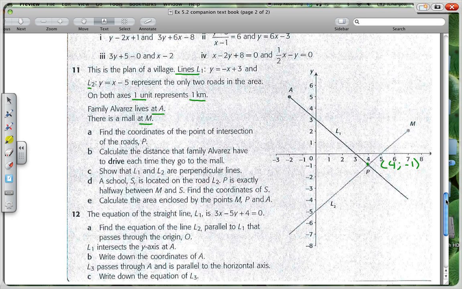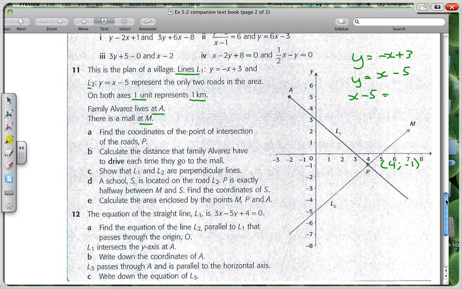If you had to show that algebraically, you would just take your y is equal to minus x plus 3 and your y is equal to x minus 5, and you could just put the two together. And let me just do it for the x and check it.